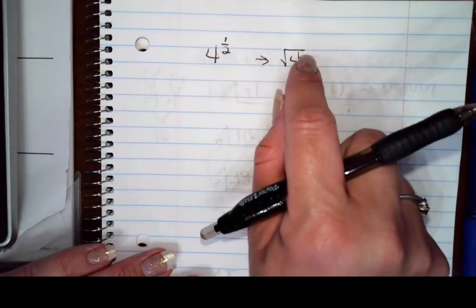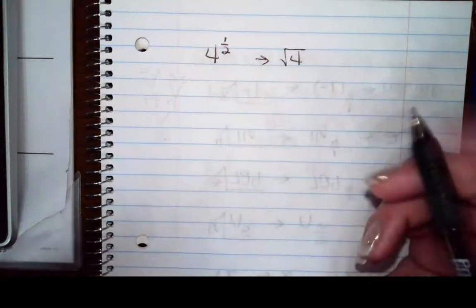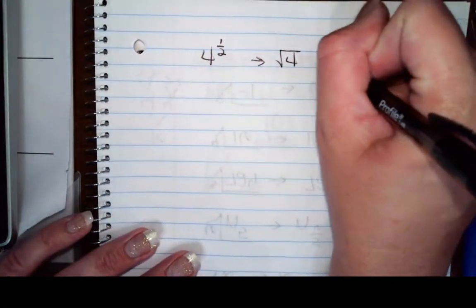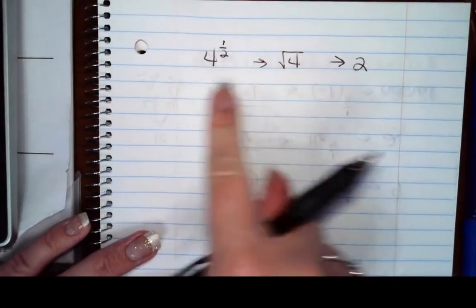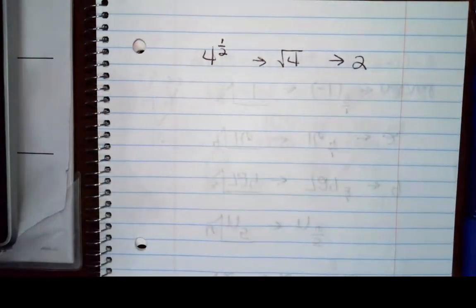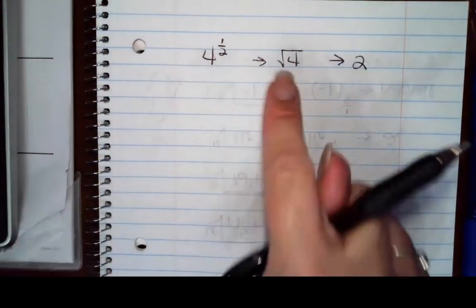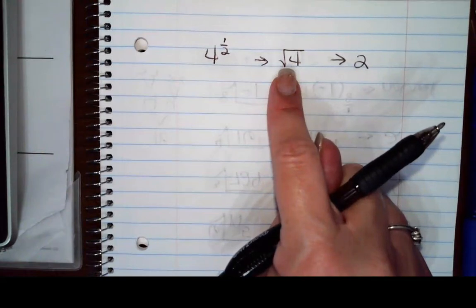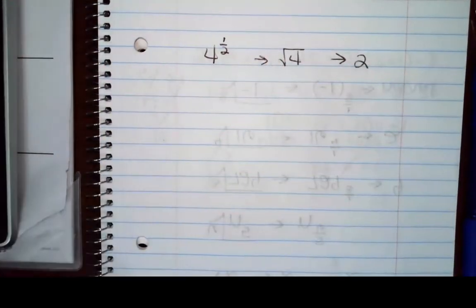So I'm too lazy to write the 1, and I'm too lazy to write the index. Well, do I happen to know what the square root of 4 is? I do. It is 2. So I've taken my expression that's using rational exponents, and I've changed it into radical notation, and then I simplified it if I could.